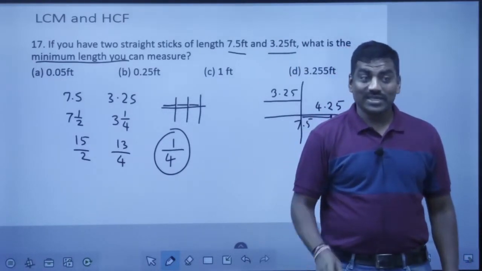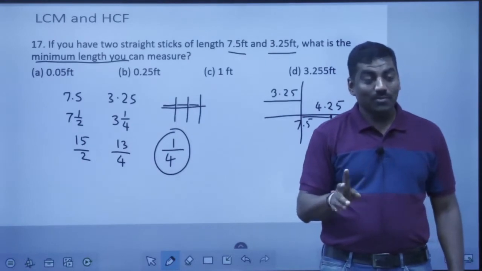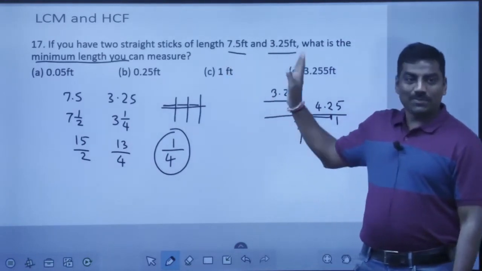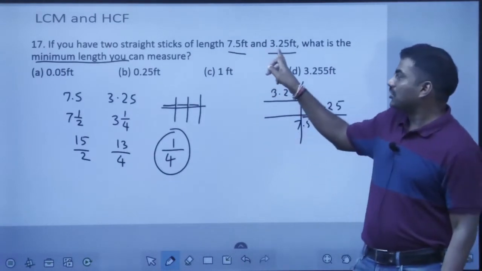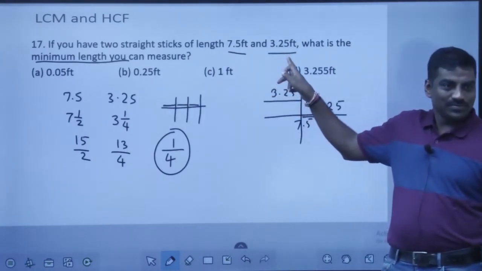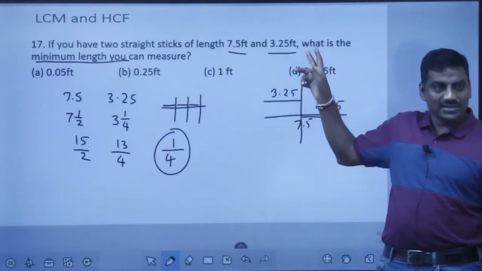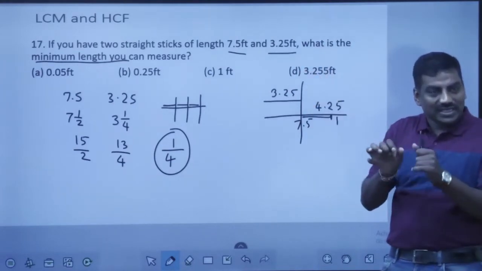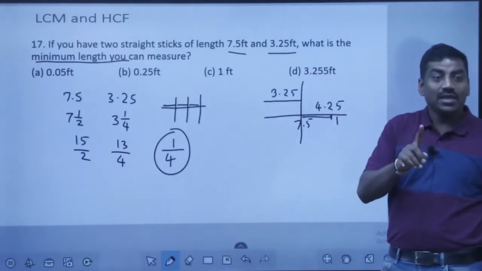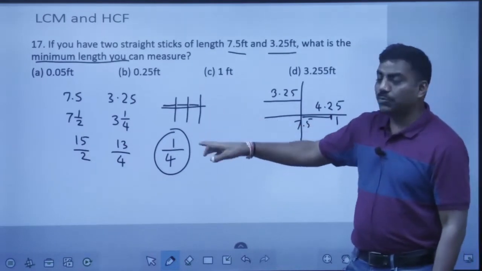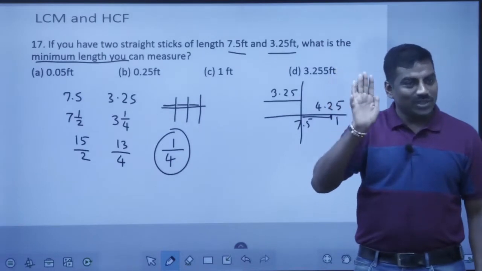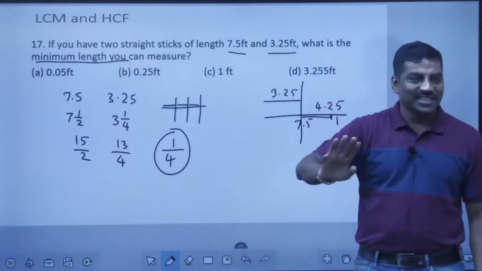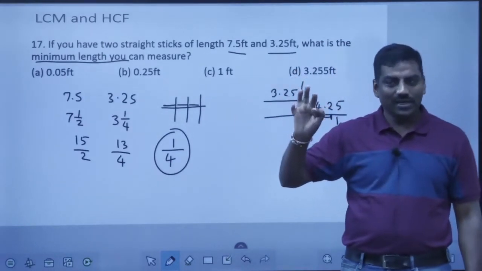But here, if you don't apply this logic of breaking the sticks, the minimum length possible is this. If you apply your brains of cutting the sticks with other measurements, then the minimum length you can achieve is 0.25. Don't strain too much. Simple, find the HCF and finish it off. Okay, fine.